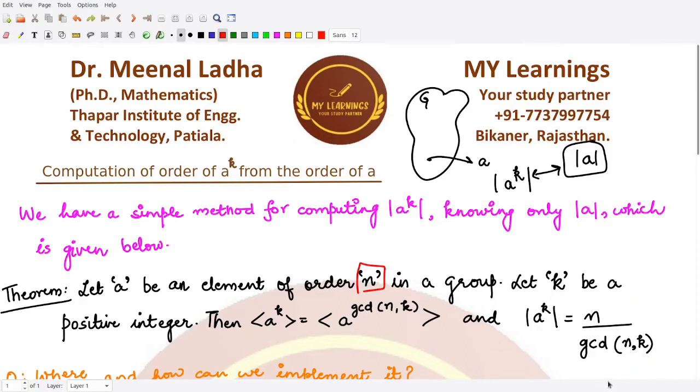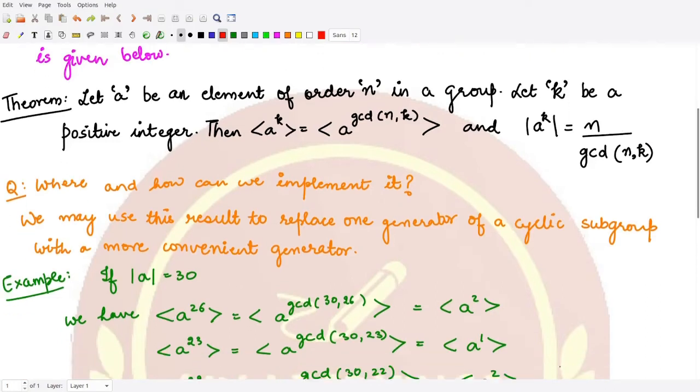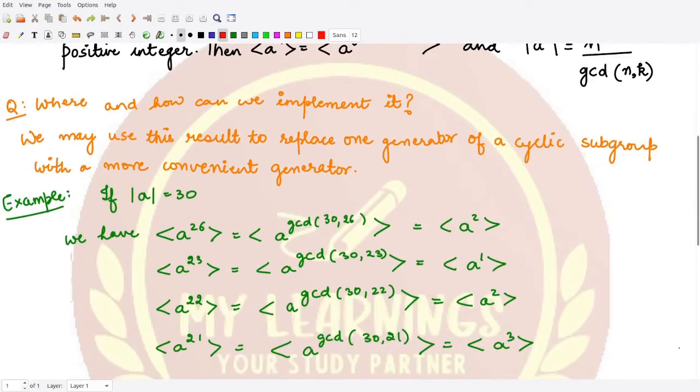The next question that arises is where and how can we implement it. We may use this result to replace one generator of a cyclic group with a more convenient generator. Let's see how this is done. Suppose that the given element that we selected has order 30.